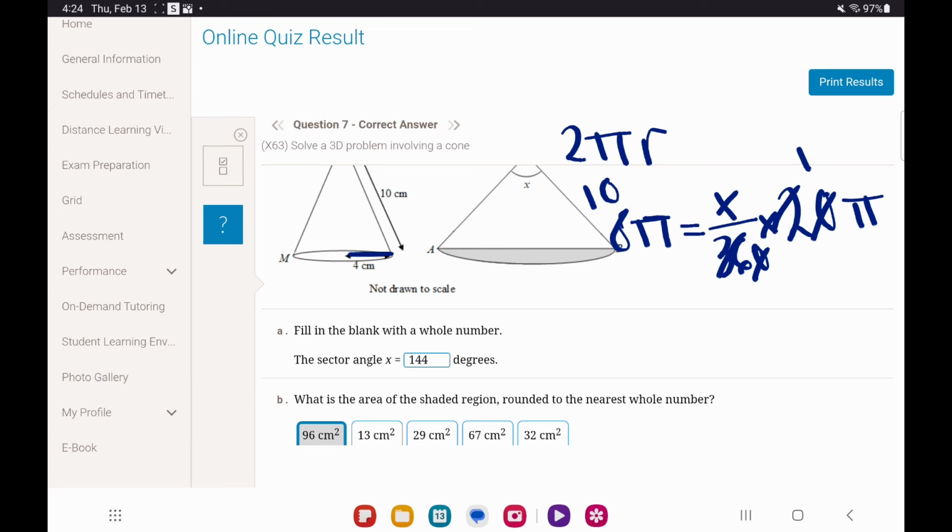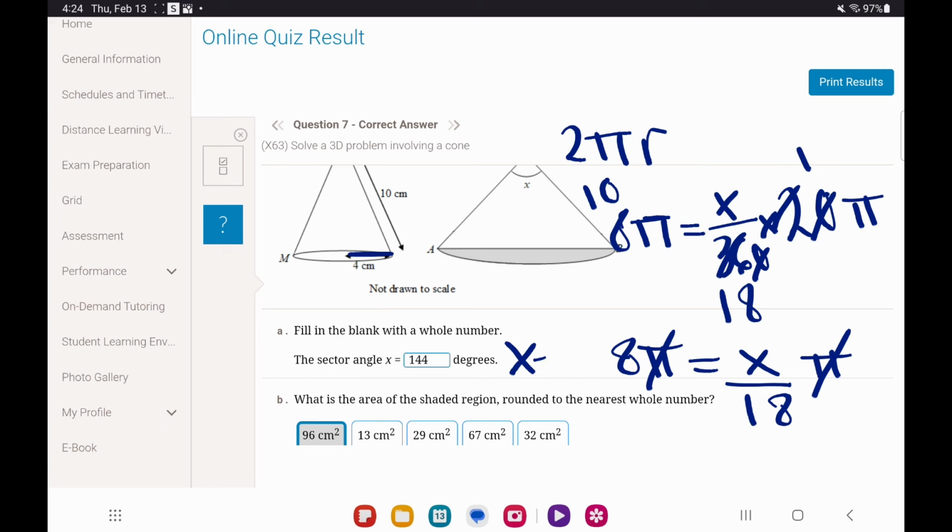So this is 1, and this is 18. Let's write it again so we can see all the values clearly. 8 pi over 18 pi. So we cancel the pi's on both sides, and then we have 8 over 18. We do cross multiply. We get x equals 144, and that's your answer.